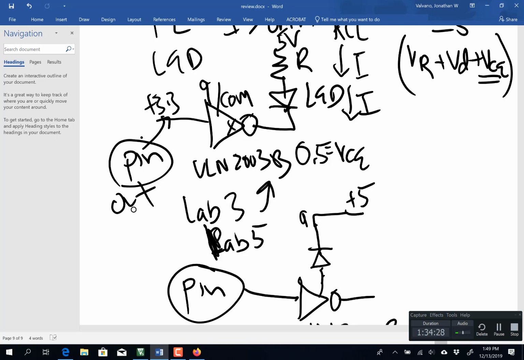Which way is the data going? Which way is the information flowing in the stepper motor? Out. It's another output pin. Right? So that part's the same. We got 5 volts, we got 5 volts. Those are the same. But what else is different?